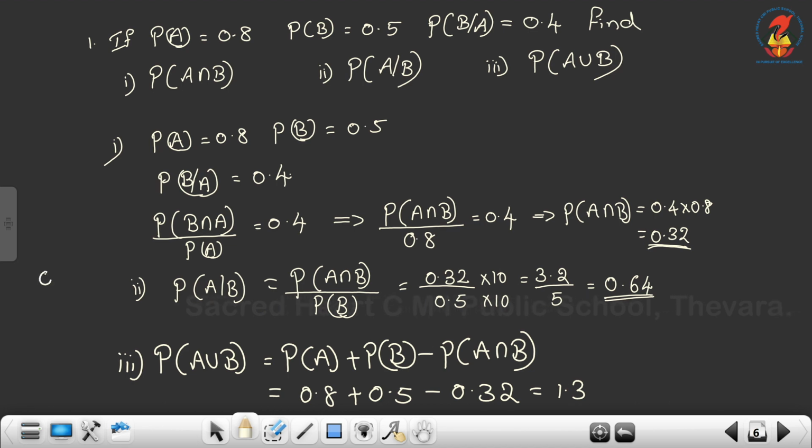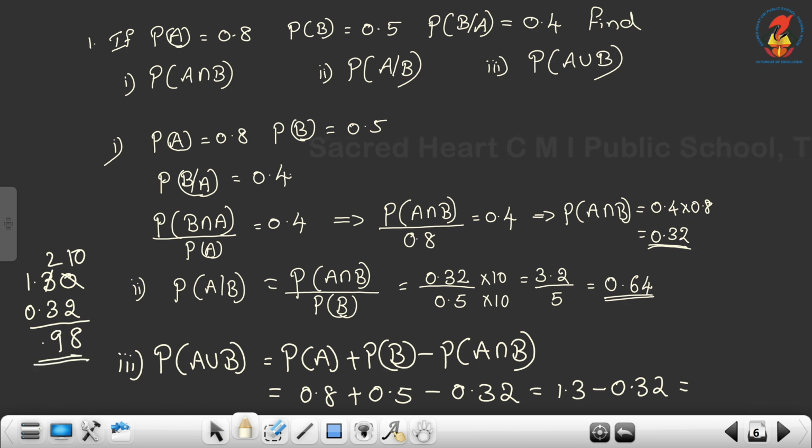Okay, you know the decimal addition. Here it is 1.3 minus 0.32. Now subtract. They are not like decimals, so 1.3 I can write as 1.30 and 0.32. So it is 0.98. Okay.